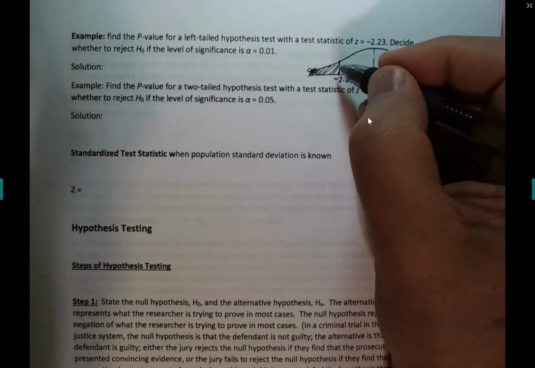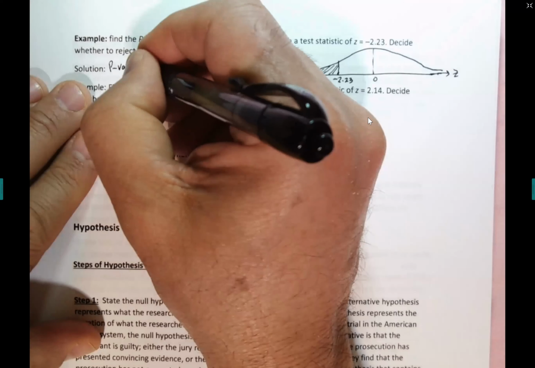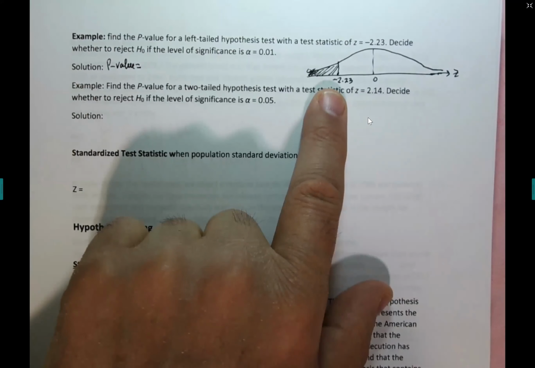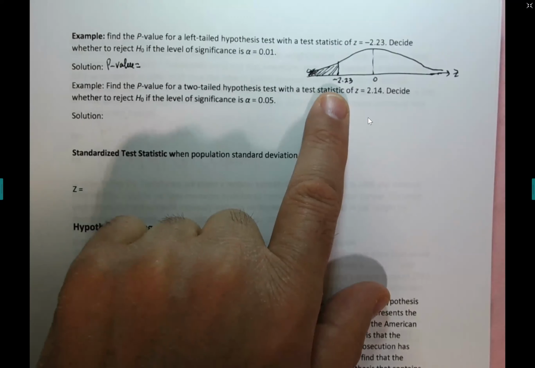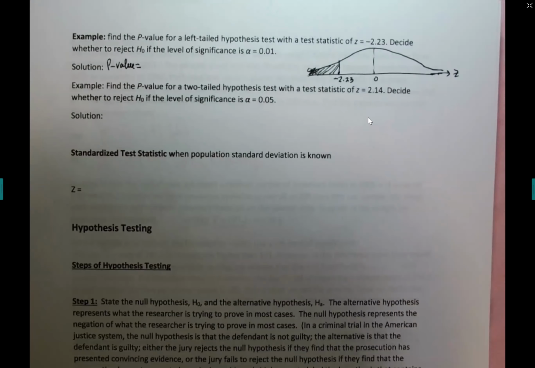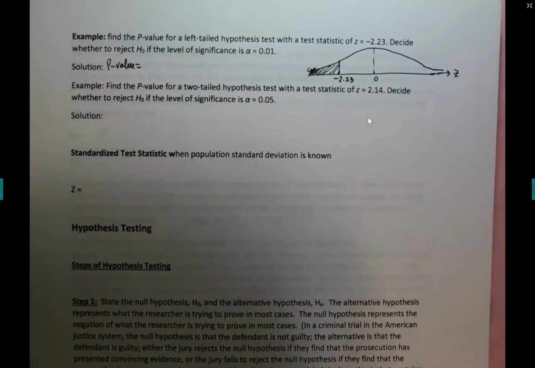How do I find the p-value? What function do I use? If I give you this question on the test next week, find the area to the left of z equals negative 2.23, what do you do to find it? That's a part of the test next week.